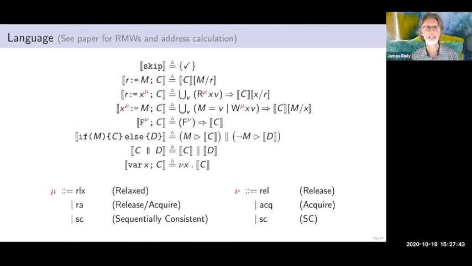And I'm going to include in here both memory access operations, register access, and fences. And these things have annotations to indicate their memory order properties. So we'll have relaxed, release, acquire, and sequentially consistent memory access. And for fences, we'll have release fences, acquire fences, and sequentially consistent fences.